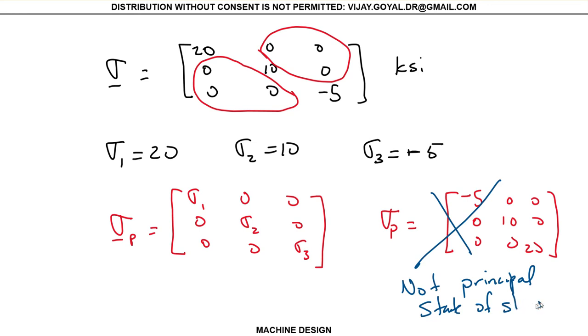Why is it not? Because to be a principal state of stress it has to follow sigma 1 bigger than sigma 2, bigger than sigma 3, with all others zero.